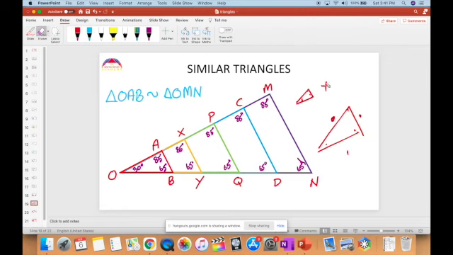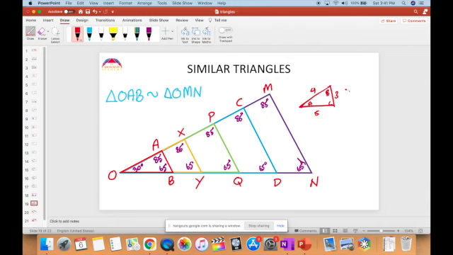So for example, let's just say this was 4 centimeters, this was 5 centimeters, this was 3 centimeters. Right? And we have angle ABC.